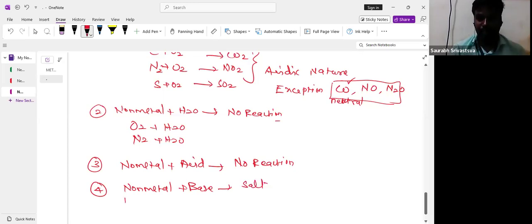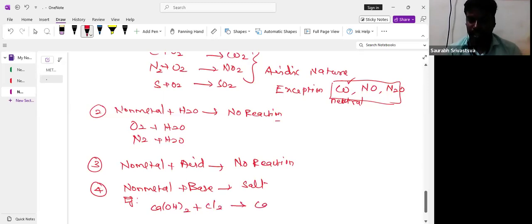Example, bleaching powder we are writing. Bleaching powder means Ca(OH)2, calcium hydroxide, reacting with chlorine gas. Then you will get CaOCl2. This is called bleaching powder, the bleaching agent.